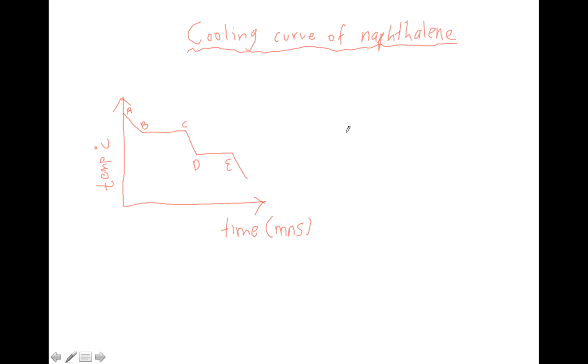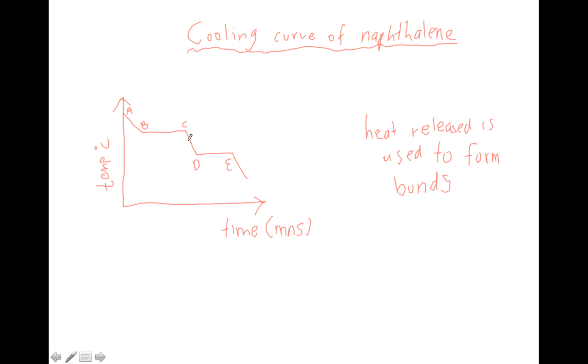Okay, so I'll just write this down. Heat released, because we're decreasing the temperature, is used to, we're not breaking bonds, sorry, we are forming bonds, opposite. So from here to here temperature decreases, here to here temperature is constant, the heat released is used to form bonds, and at this point naphthalene becomes a liquid.